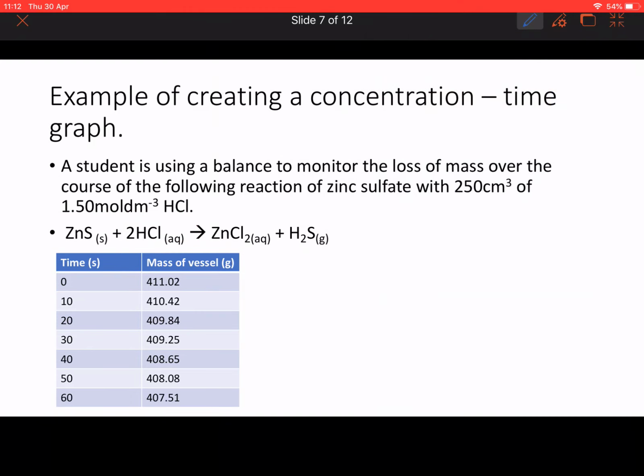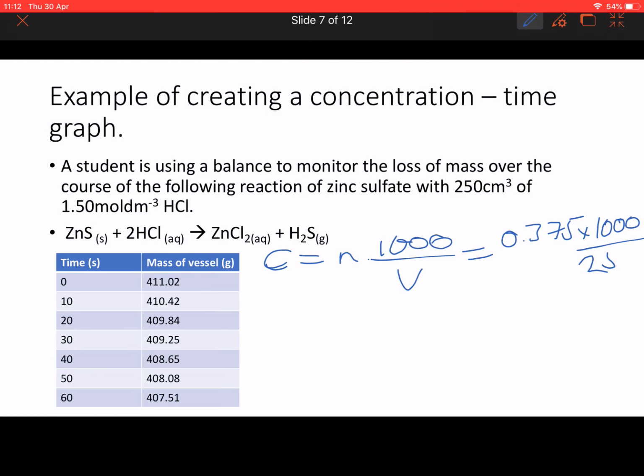That's leaving us with our last little bit, which is turning it back into concentrations. So I always remember concentration as the number of moles times 1,000 divided by the volume. So, for example, for the first one, we have 0.375 times 1,000 divided by 250, and mercifully, that gets us 1.5 moles per decimetre cubed back.